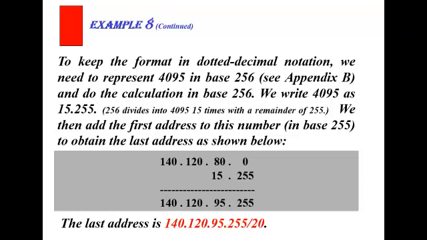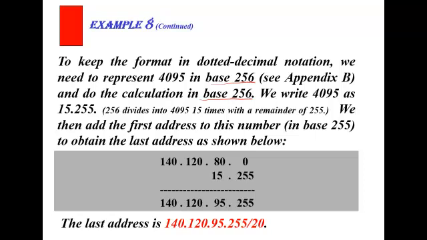We can see 2 or 3 methods, similar to what we used in finding the first address. The first method is, we know that base 256 arithmetic is used in this particular addressing concept. If the base is 256, then the number will be divided by 256 in every step.